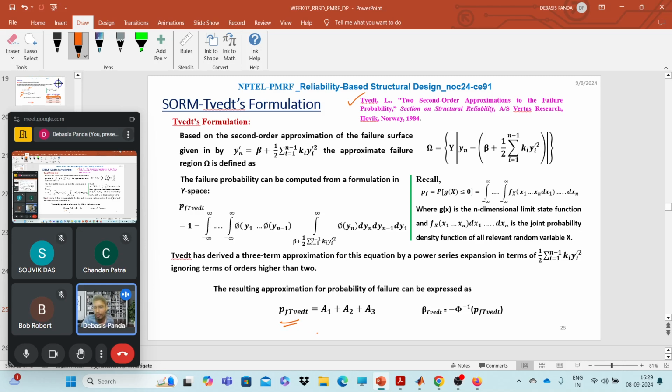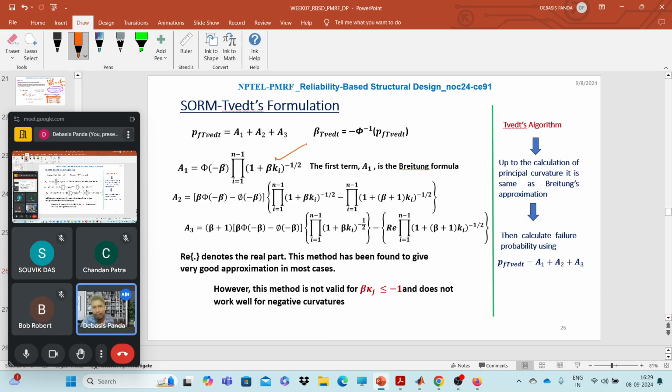If you want to calculate this model, it will contain three terms A1, A2, A3. Now A1 is nothing but the Breitung approximation term, and over the Breitung approximation he made some approximations and gave these formulas.